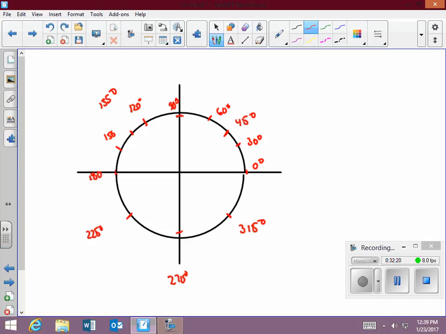terms. Well, if you recall from trig, this is pi over 6, this is pi over 4, and this is pi over 3, 2 pi over 6, pi over 3, and then this is pi over 2.